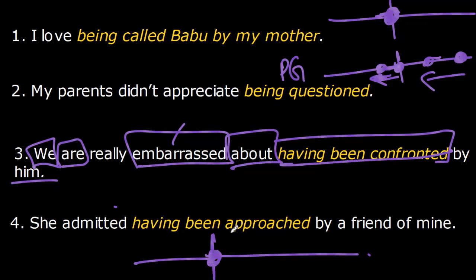And we are embarrassed about an action that we received in the past, something that happened to us in the past. We are really embarrassed about having been confronted by him. Having been confronted is my gerund, a perfect gerund in the passive form.